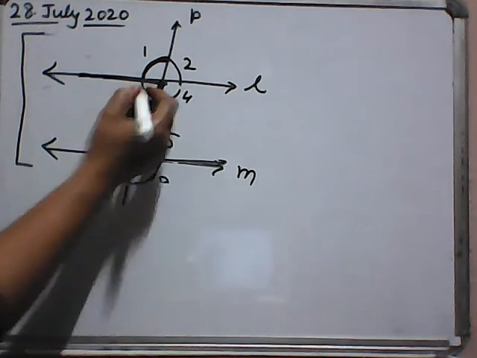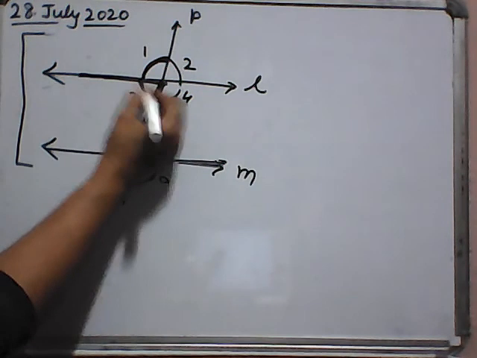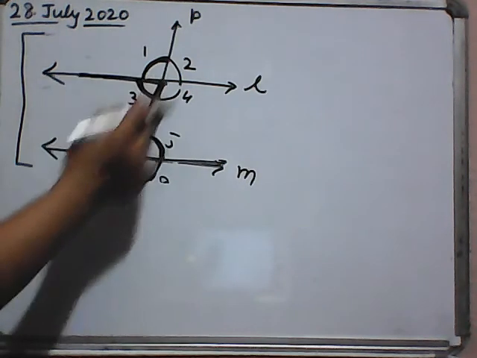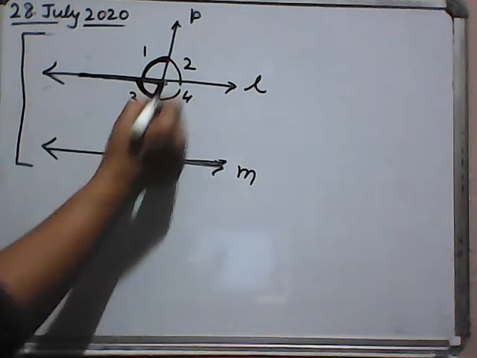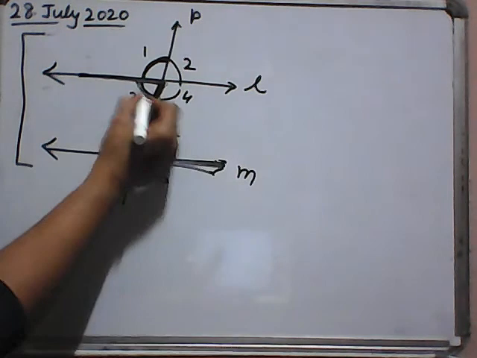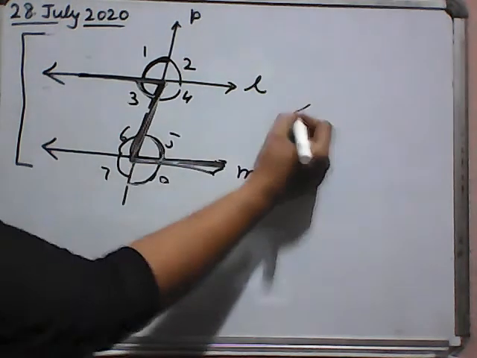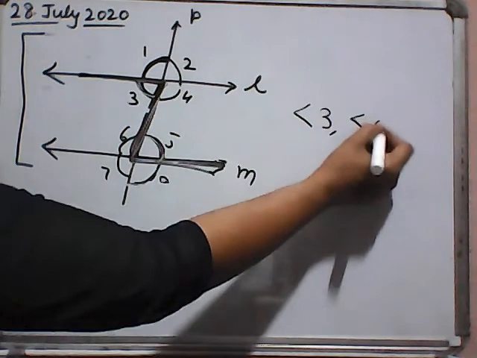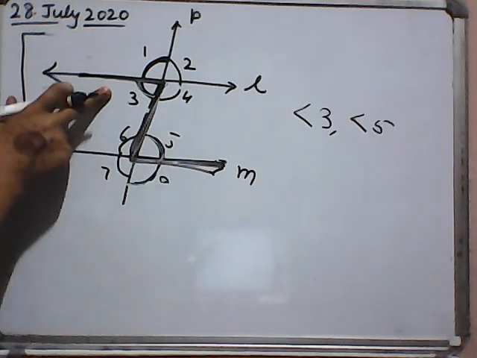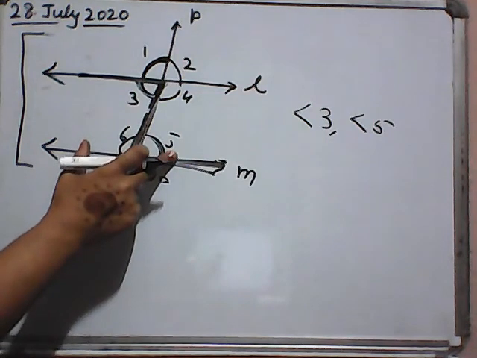Suppose angle 3 is made on this side. What is the alternate angle of angle 3? Angle 5. Alternate angles always form the shape of Z. Angle 3 and angle 5 are alternate angles, and these angles are inside of the parallel lines, so these are known as alternate interior angles.